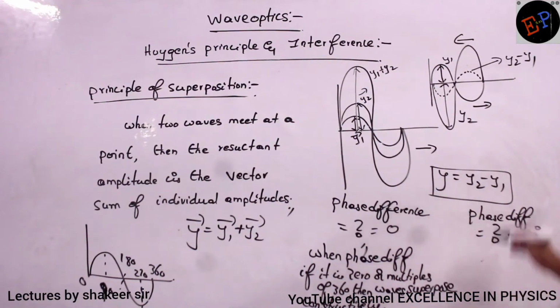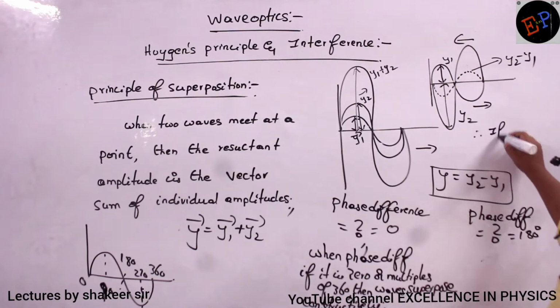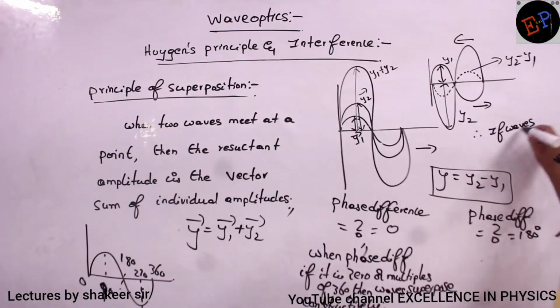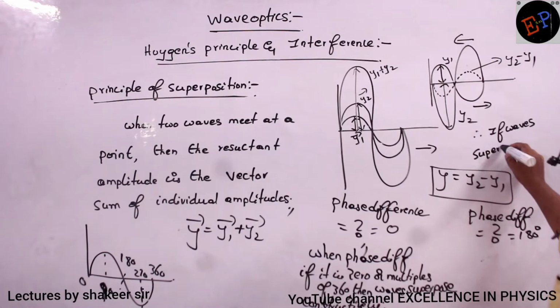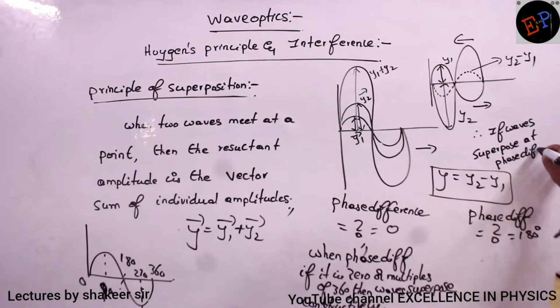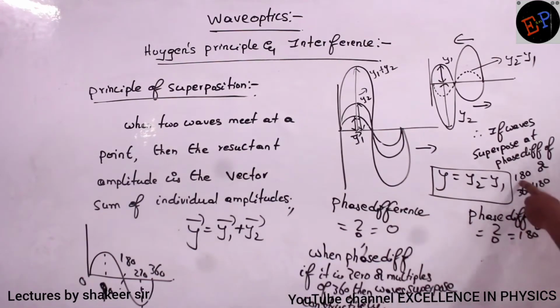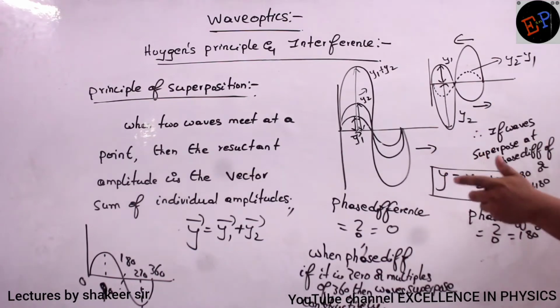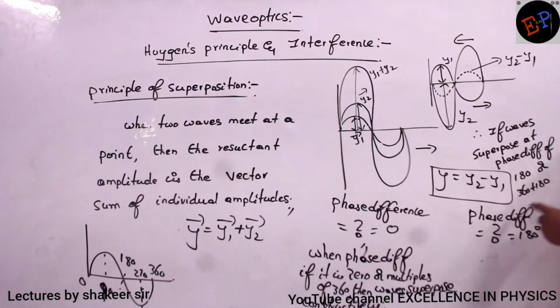Understood? So therefore, if waves superpose at a phase difference of 180, or 360 plus 180, like this if you go on: 180, 360 plus 180, 360 plus 360 plus 180, 360 plus 360 plus 360 plus 180, like that.